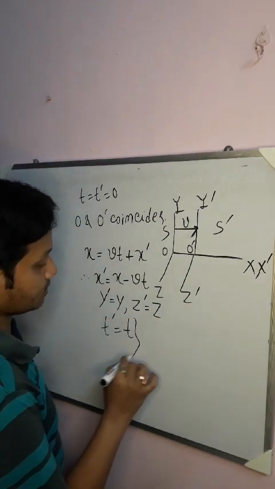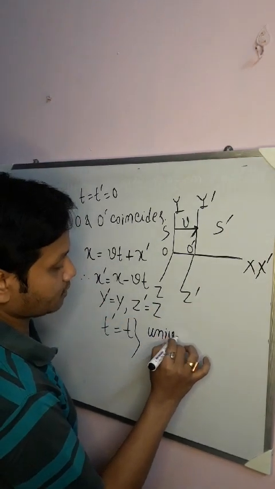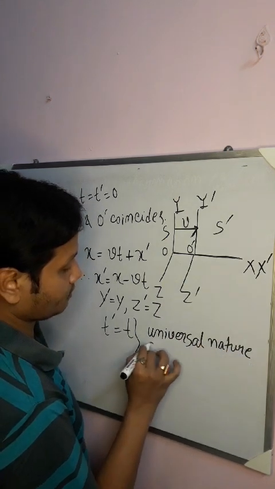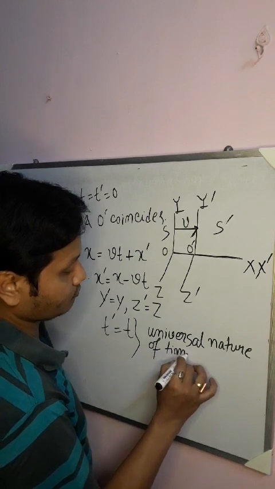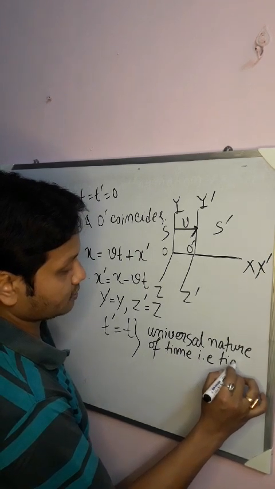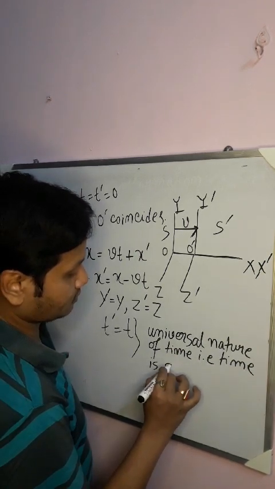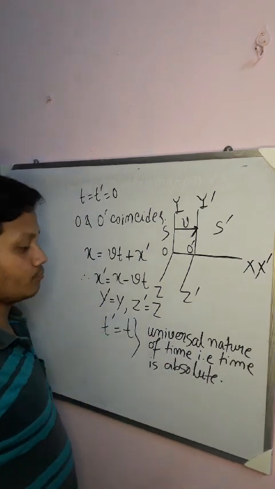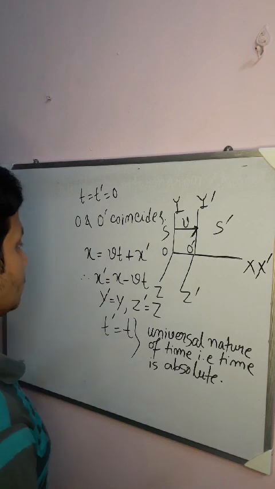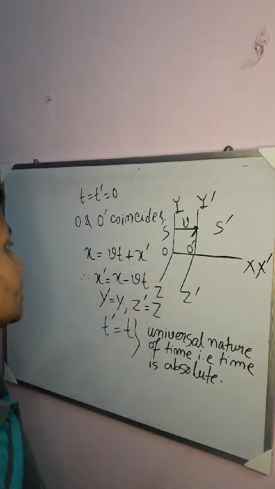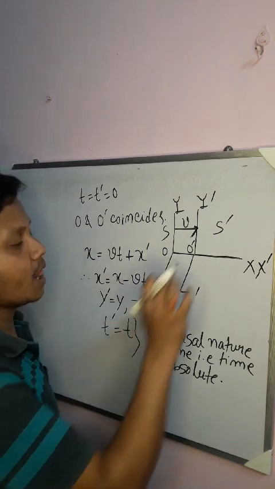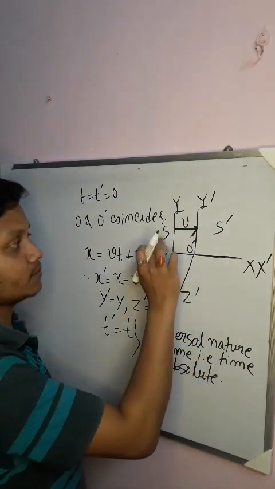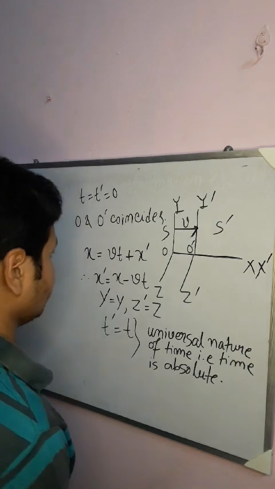That's why we take this, the universal nature of time, that is, time is absolute. These are known as the Galilean transformation equations, provided the frame S dash is moving with a constant velocity v with respect to the S frame in the positive x direction.